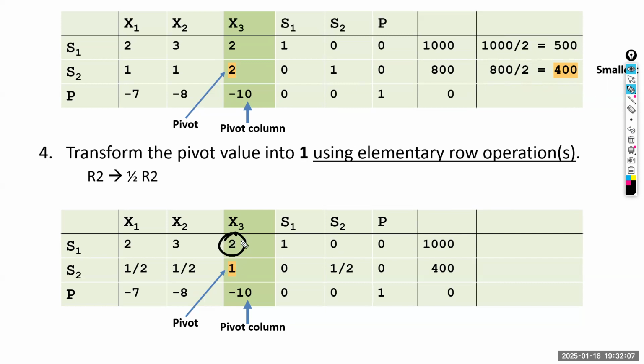Minus half into 2 is -1, -1 plus 1 is 0. But make sure you do it for the entire row. Or you multiply this by -2 and add it to here. Both will work. Either you multiply this by minus half and add it to this, then -1 plus 1 becomes 0, but make sure you do it all.